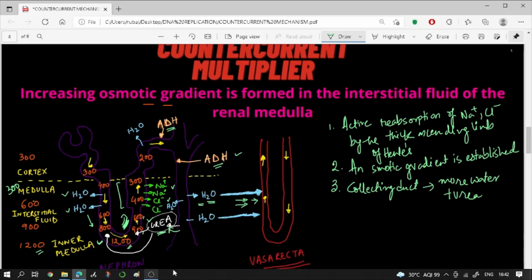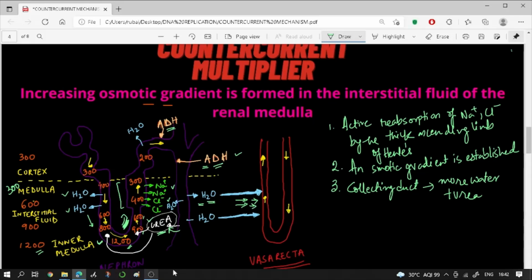The cells of the collecting duct become permeable to water under the influence of this hormone, antidiuretic hormone, as a result of which the water diffuses out into the interstitial fluid of the medulla and then eventually enters into the vasa recta.